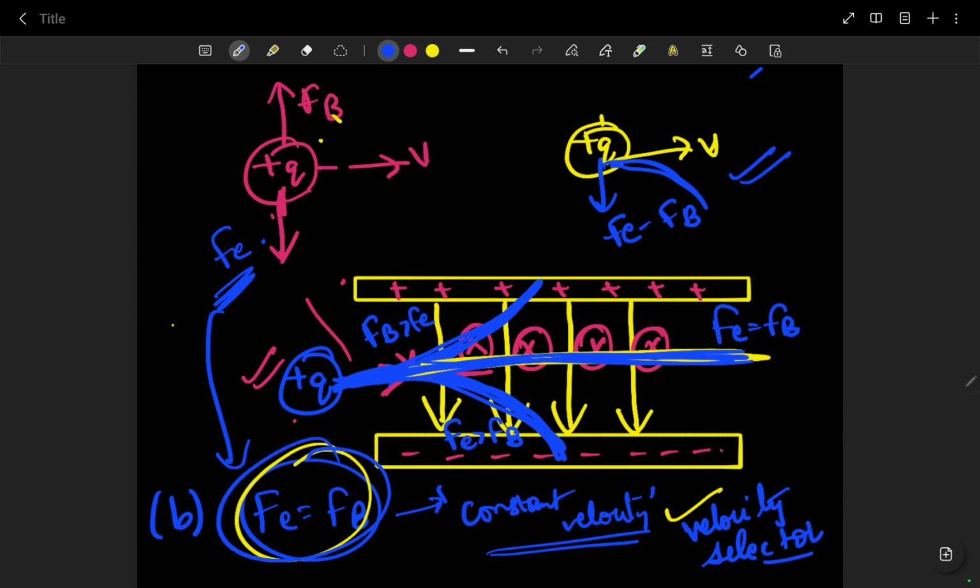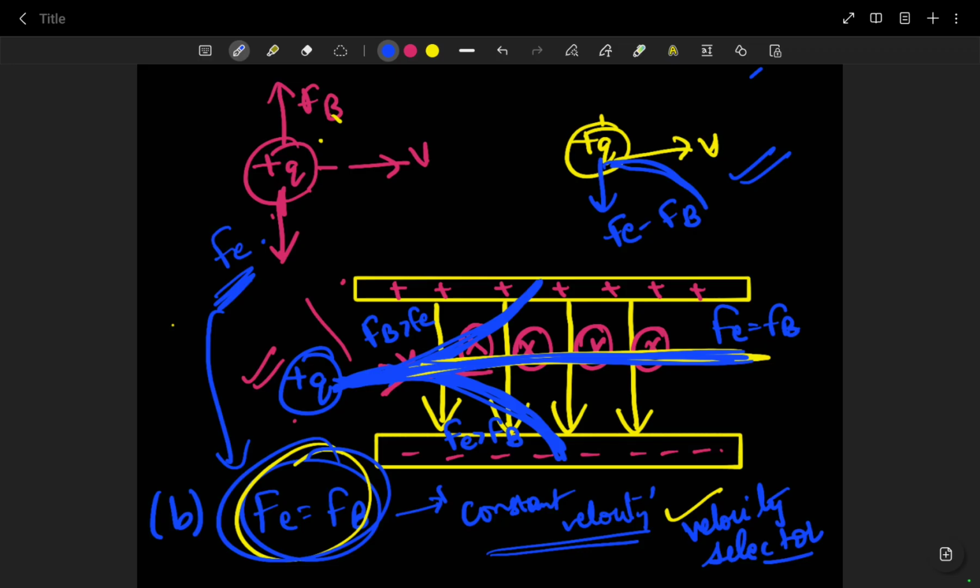So basically you have so many charged particles that are in movement, for example electrons, ions, etc. From this lot, if I ask you to give me the particles that have a specific speed of 3000 meters per second, all of these charged particles will not be at 3000 meters per second, right?